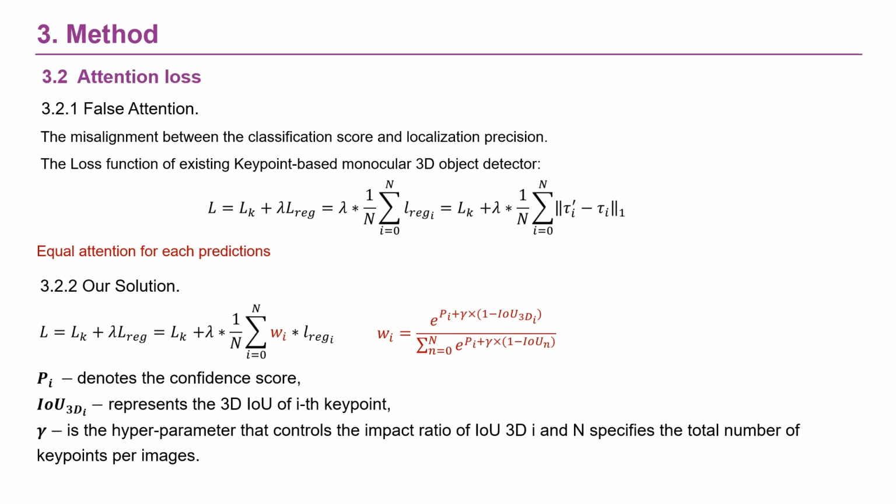For each keypoint, the larger the confidence score, the more attention is drawn. The closer to 1 the 3D IoU, the smaller the attention weight is. We obtain the attention weight equation by a linear combination of confidence score and 3D IoU. Then, the softmax function is utilized to obtain normalization and nonlinearity.